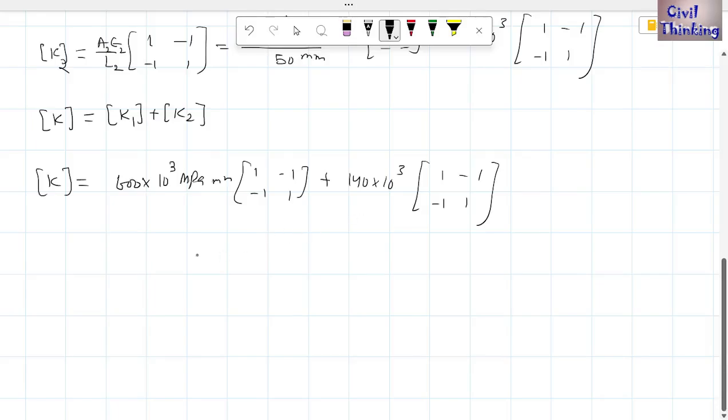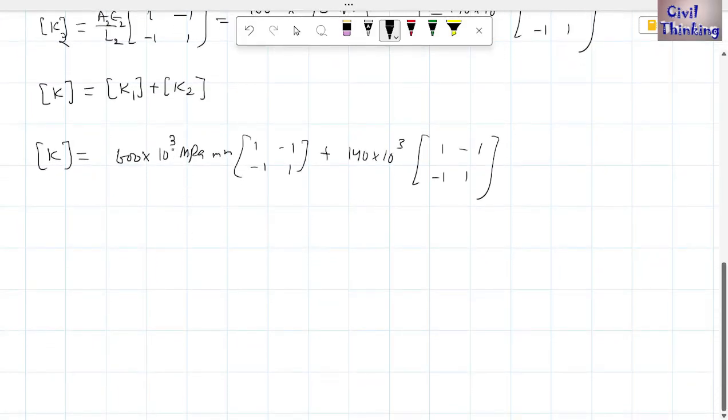Okay, so first of all 10 to power 3 and 10 to power 3 is common, so I will keep 10 to power 3 common here. This is 600 10 to power 3.